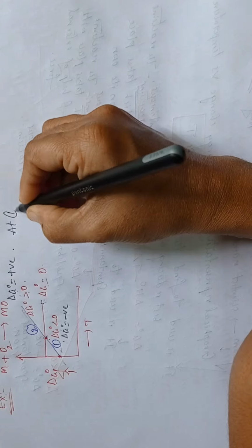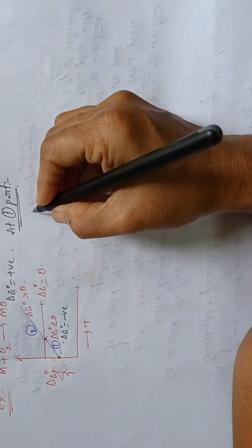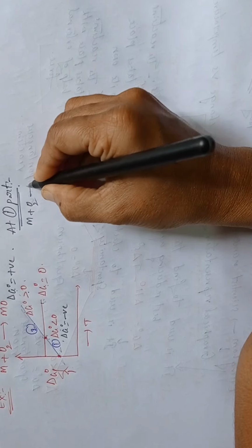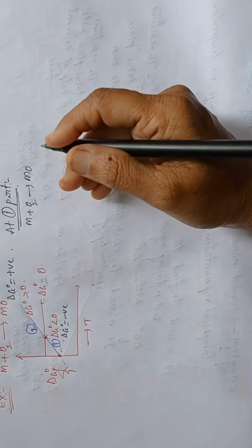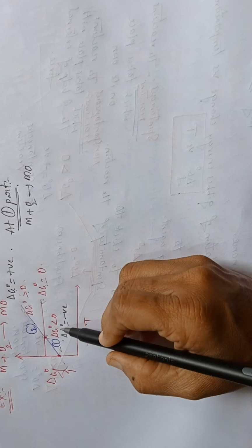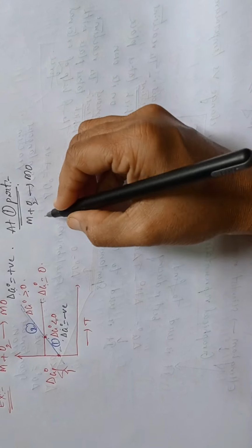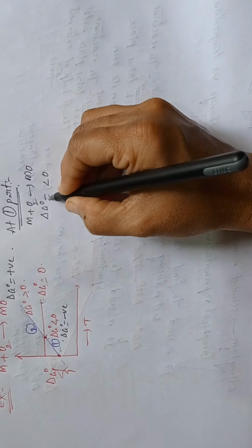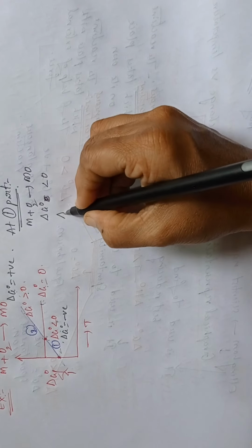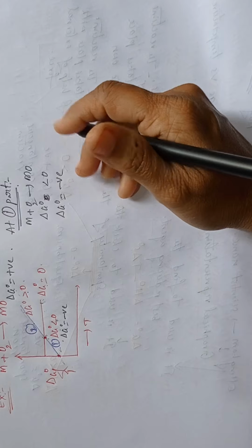At the first part, what is the reaction? M plus O2 gives rise to MO. At the first part, delta G naught value is less than 0, that means delta G naught is negative.